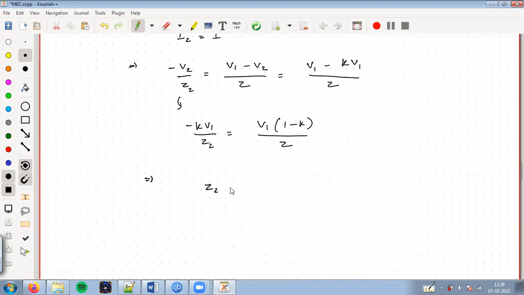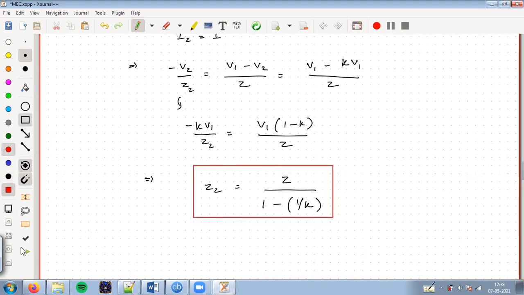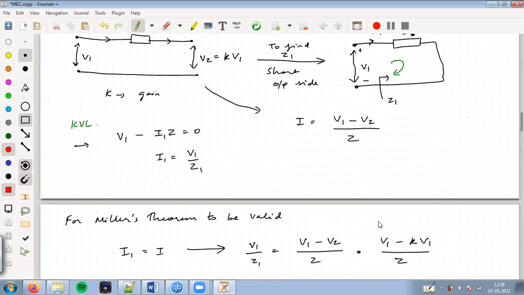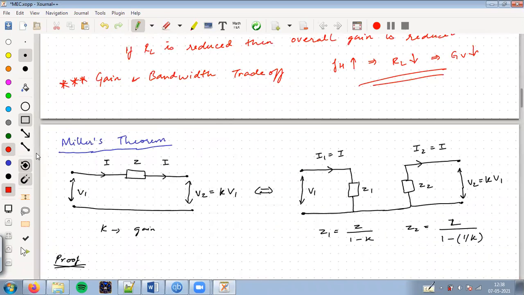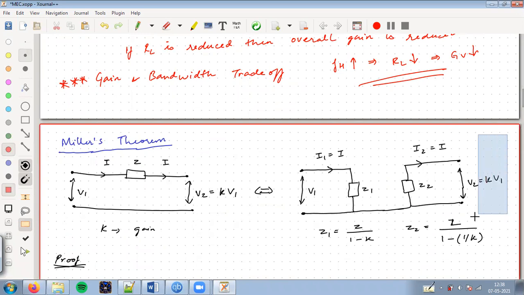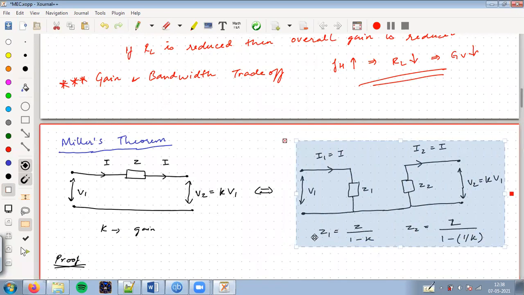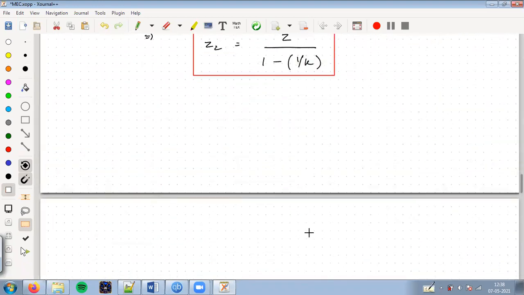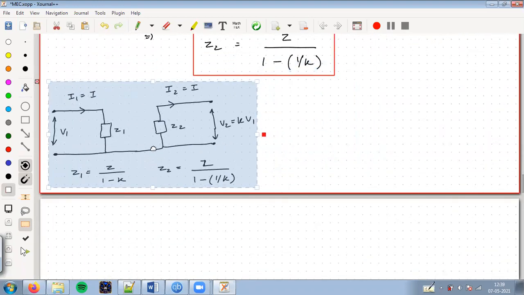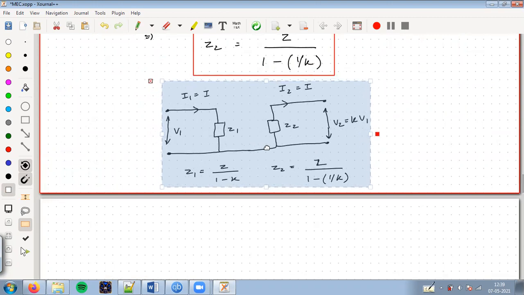Then Z2 is actually Z divided by 1 minus 1 by K. This is the second equation. So we have just proved Miller's theorem. This is what Miller's theorem is.